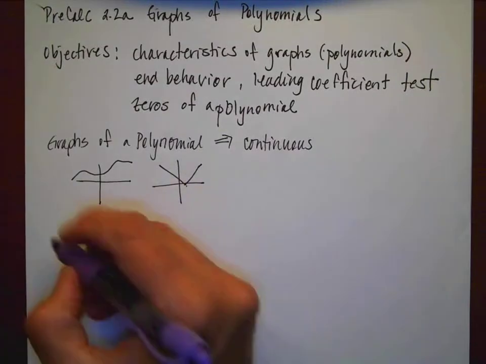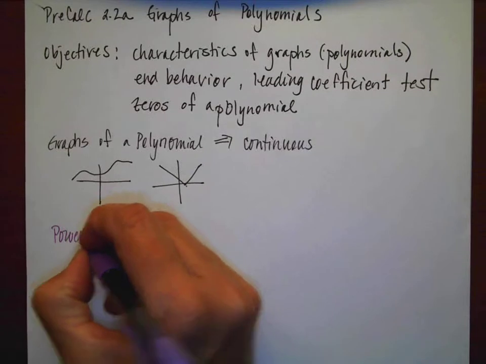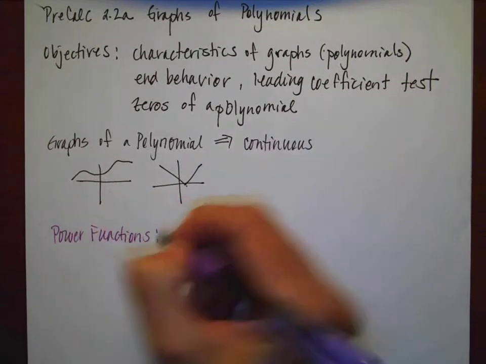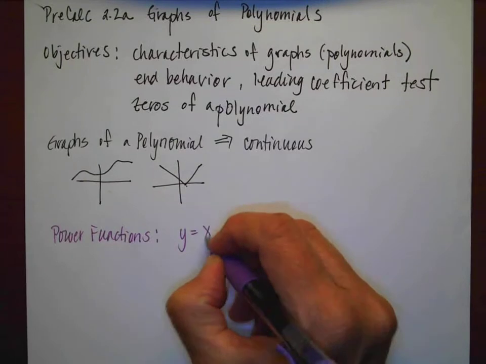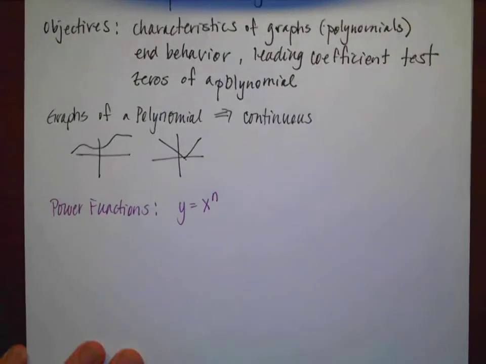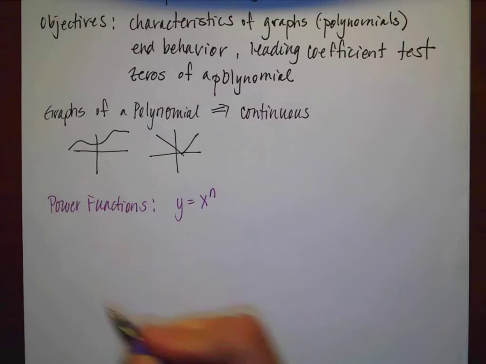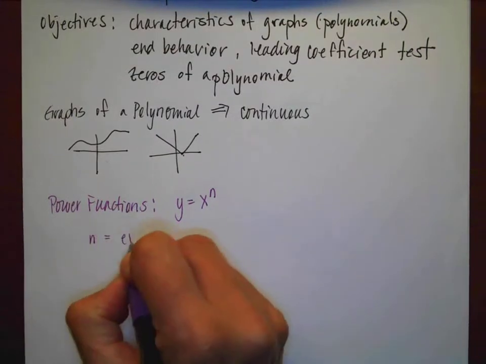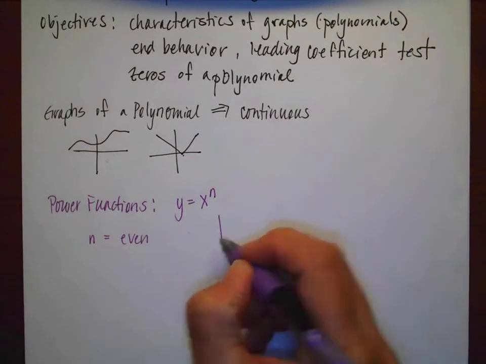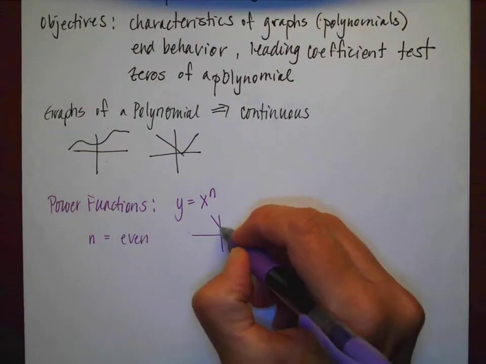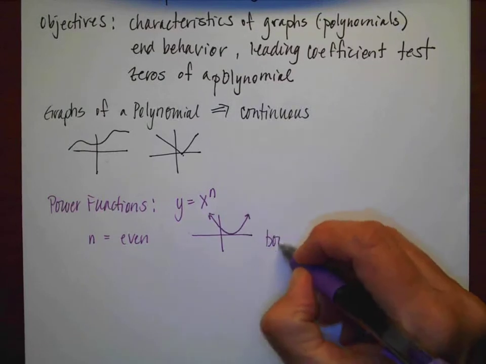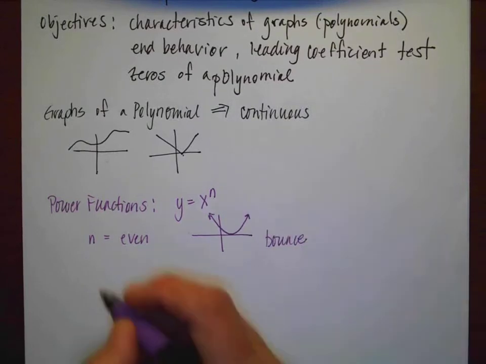Alrighty, so we tend to think of power functions when we think of a polynomial, and that would be something that's y is equal to x raised to a power. Some cool things about n: if n is even, then the graph is going to kiss or bounce off of the x-axis, so we're going to call it a bounce.